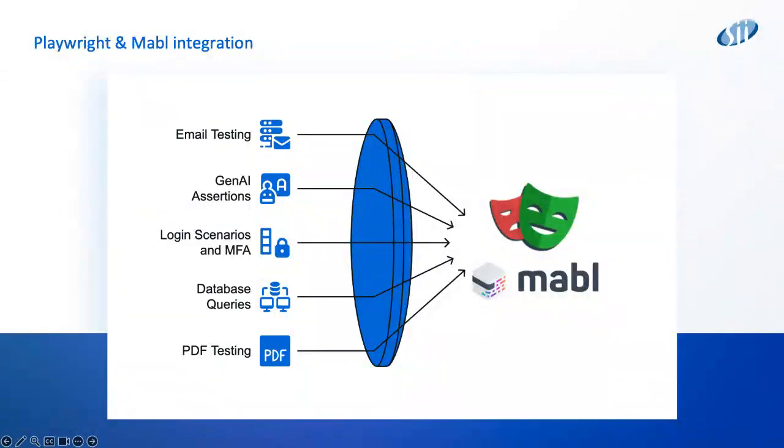And another interesting thing, if we talk about using AI and integrations for that, is using Playwright with Mabl. So Mabl is a no-code solution for creating automated tests for UI and API, and it has two interesting AI features. First of all is using Gen AI assertions.